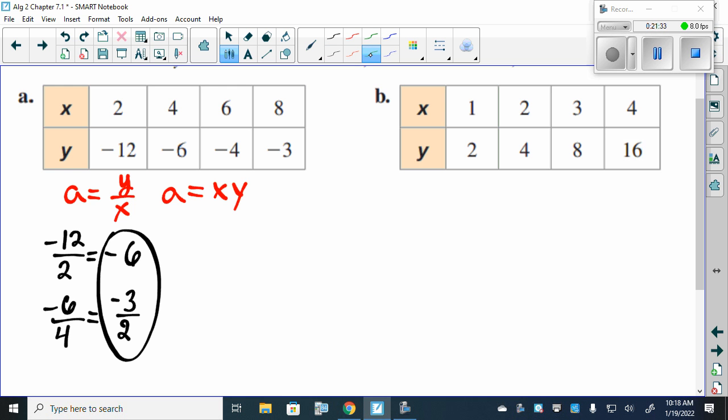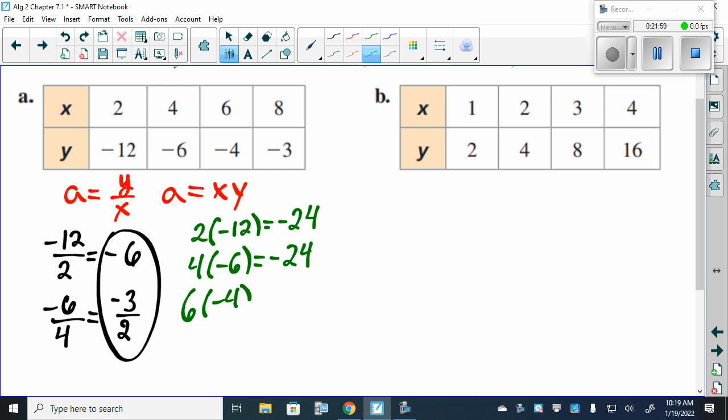So we should have a constant term is equal to x times y. So we can say 2 times negative 12, which is negative 24. Okay. 4 times negative 6. Okay. 6 times negative 4.